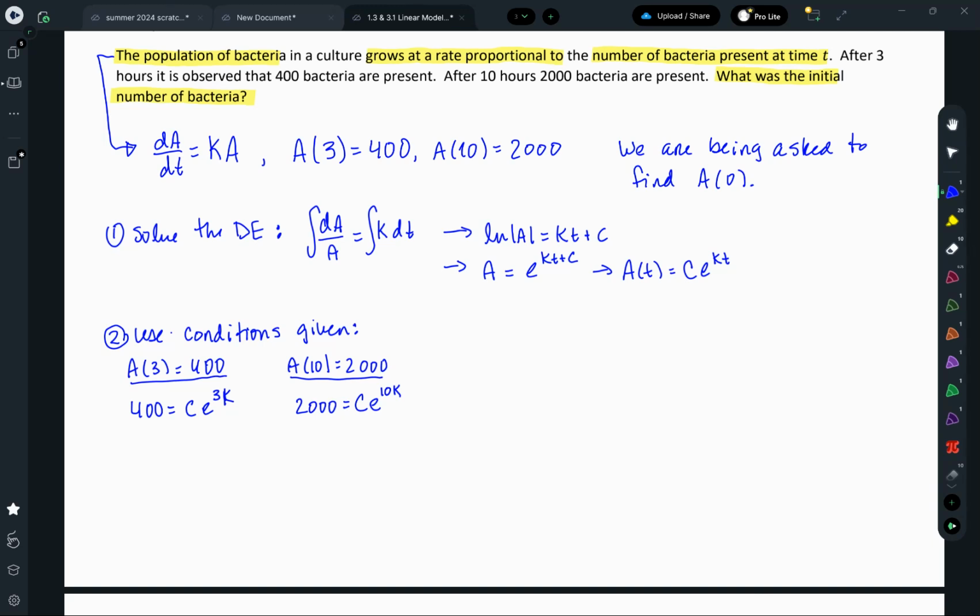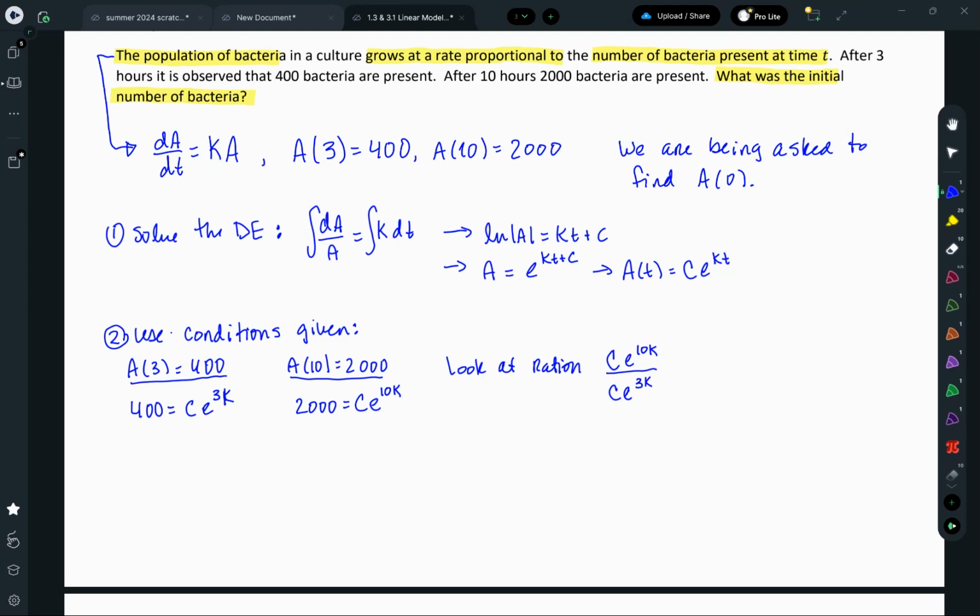Actually, I would like to look at a ratio first, okay? I would like to look at a ratio because what that will help me to figure out is what k is. So the deal here is I don't know C, I don't know k, I need to know both. And so I can determine that by looking at a ratio where I compare the C e to the 10k to the C e to the 3k.